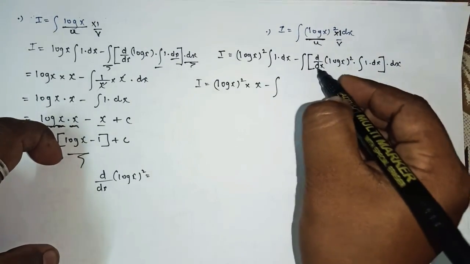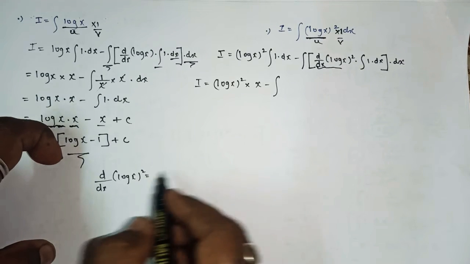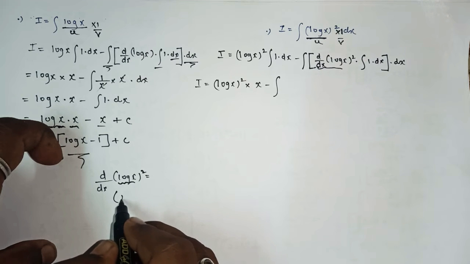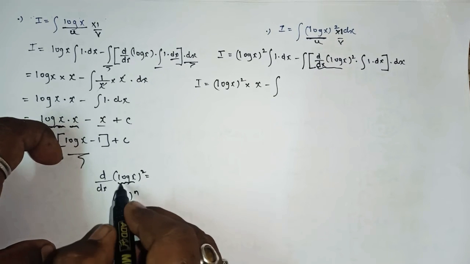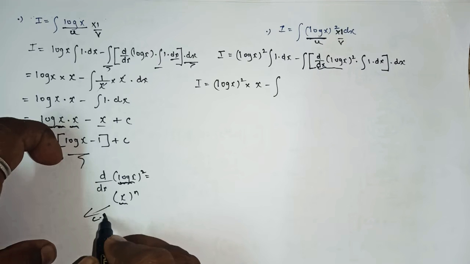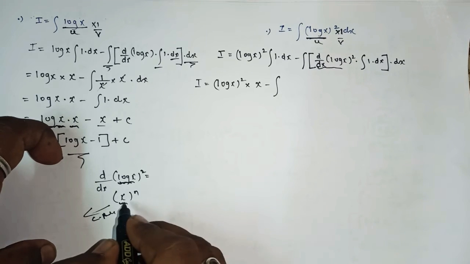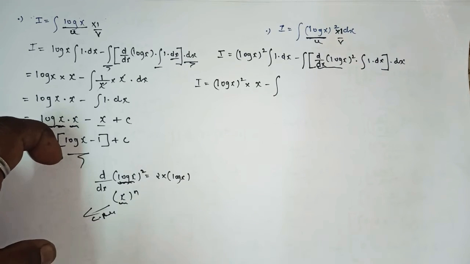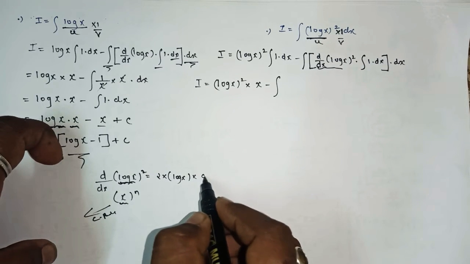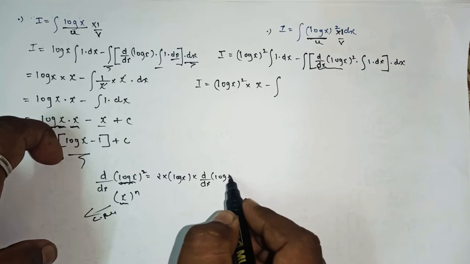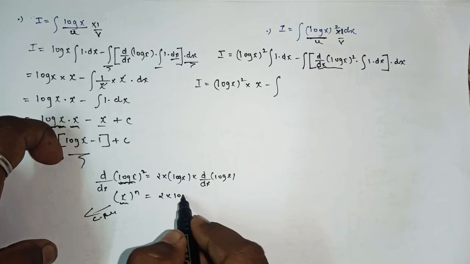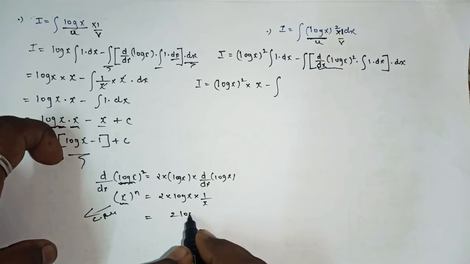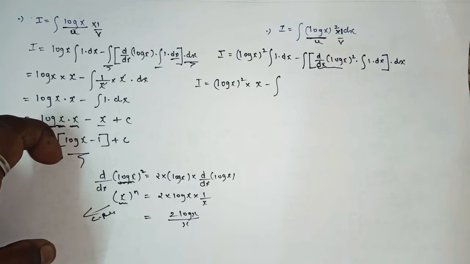Here log x the whole square is in the form of x raised to n, and x is replaced by log x, so that means we have to apply the chain rule here, yes or no. What is the derivative of x raised to n? n into x raised to n minus 1, where x is replaced by log x, so the answer will be 2 into log x into derivative of log x, which is 1 by x, so the answer will be 2 log x upon x.